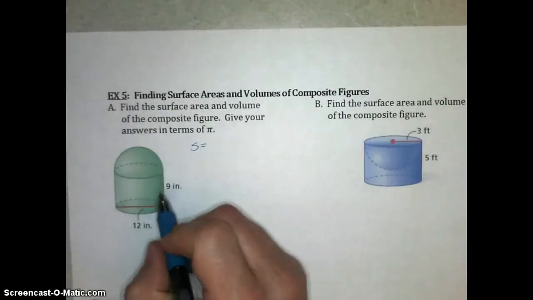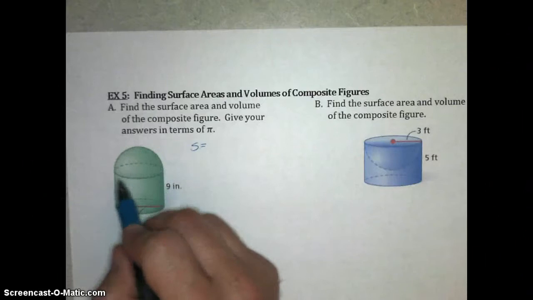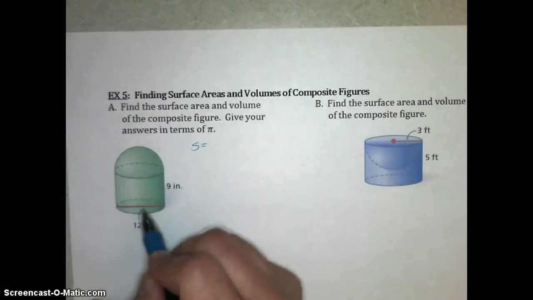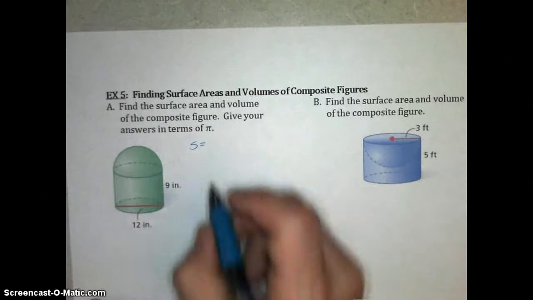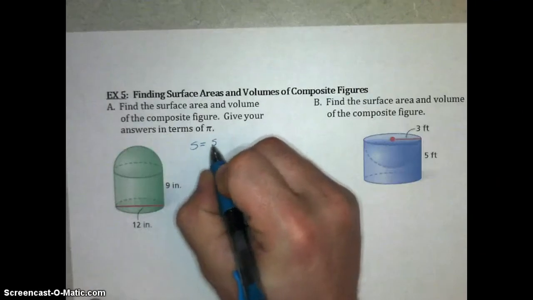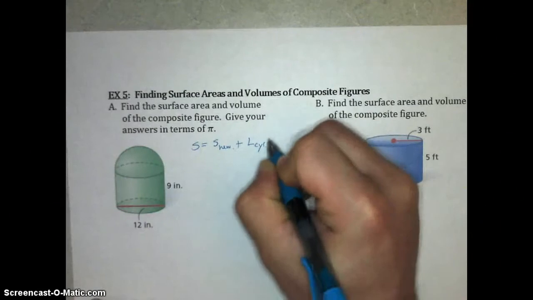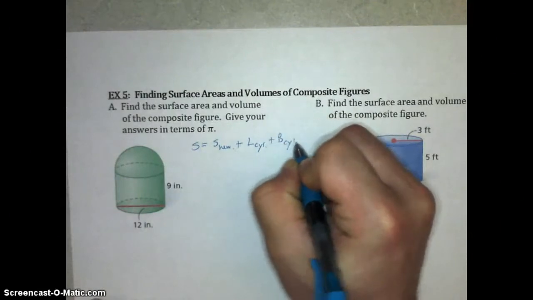Surface area is going to be comprised of the surface of a hemisphere plus the lateral area of a cylinder plus the base area of a cylinder. So we have our surface area of a hemisphere plus the lateral area of a cylinder plus the base area of a cylinder.